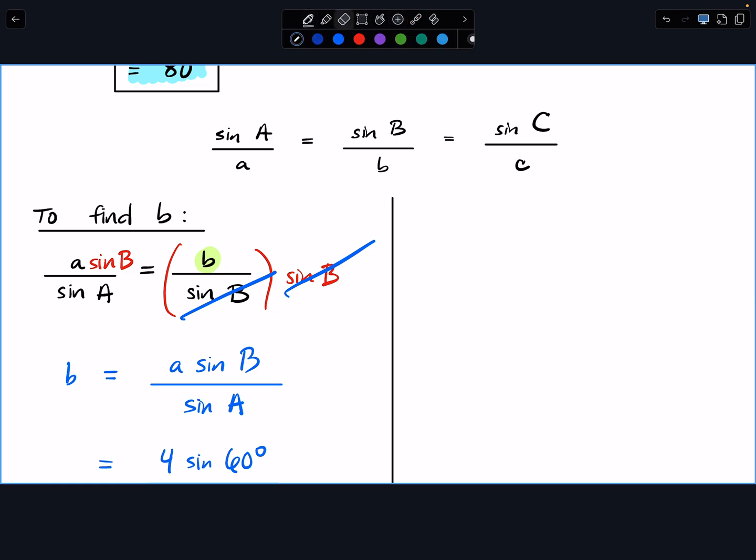So I need to find little c, so I'm going to use the reciprocals again. So to find little c, little c divided by the sine of big C is equal to, I'm going to use this one because if I use B, I have ugly answers.